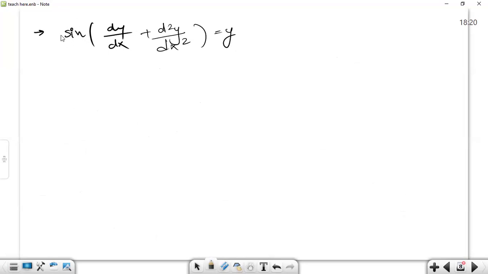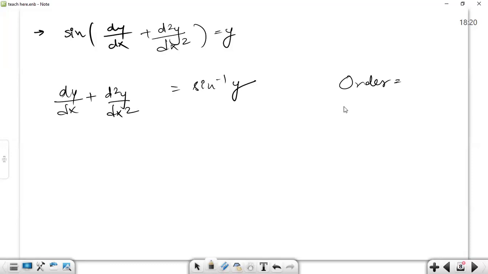We can bring the sine on the right hand side, so it will become an inverse trigonometric function and our radicals are now set free. Now on observation, you'll find that the order is 2, and the degree is 1.